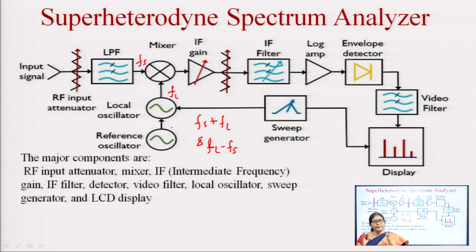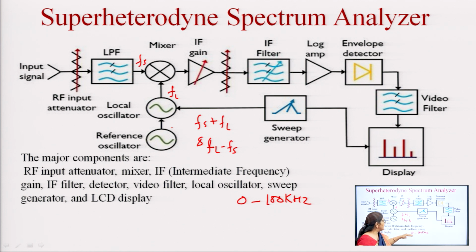It passes only a fixed band of frequency which we have to select. Suppose we have selected 0 to 100 kilohertz, only this signal will pass through the IF amplifier, and then if required it will be attenuated, or it will pass to the IF filter circuit.